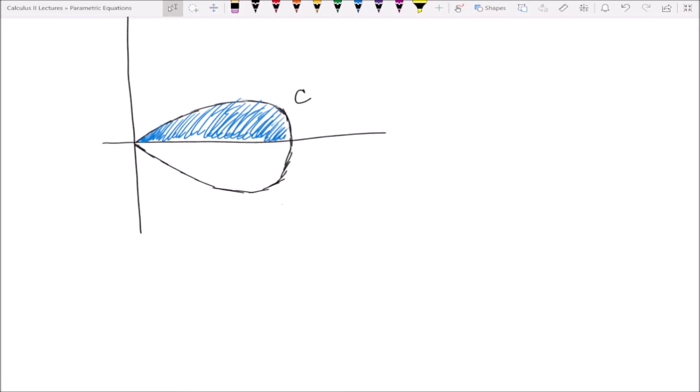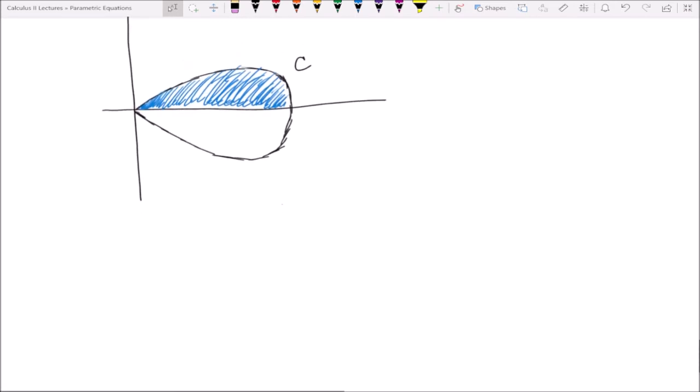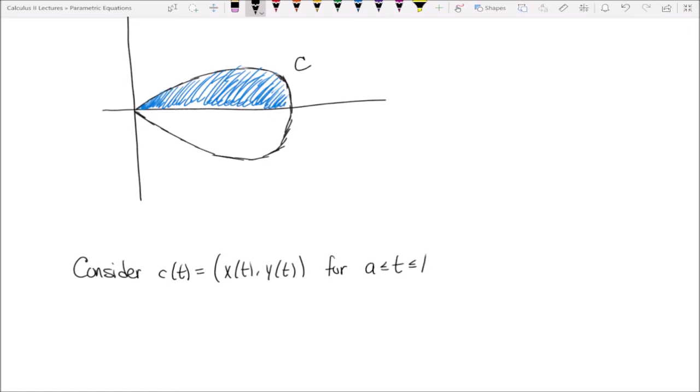So consider the curve C(t), which is (x(t), y(t)), for points where t ranges from a to b. Furthermore, x(t) is a differentiable function.